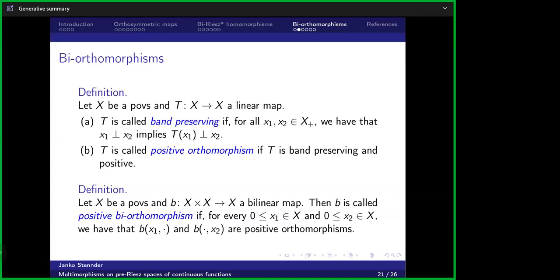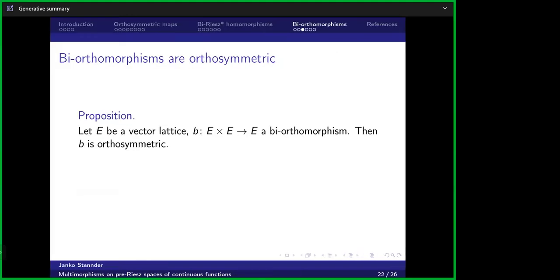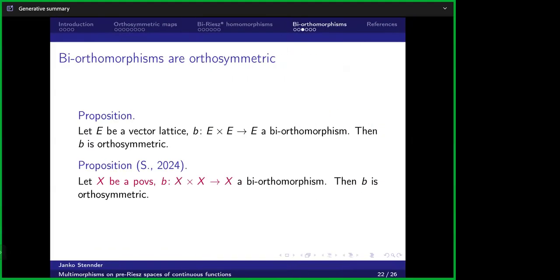And what was shown in the motivational scheme is that if I have a bi-orthomorphism on a vector lattice, then it should always be obviously symmetric, and any such f-algebra is a commutative f-algebra. This is what this statement here says. And in partial vector spaces, we get exactly the same. That works with the disjointness, and everything works the same way as in the vector lattice.